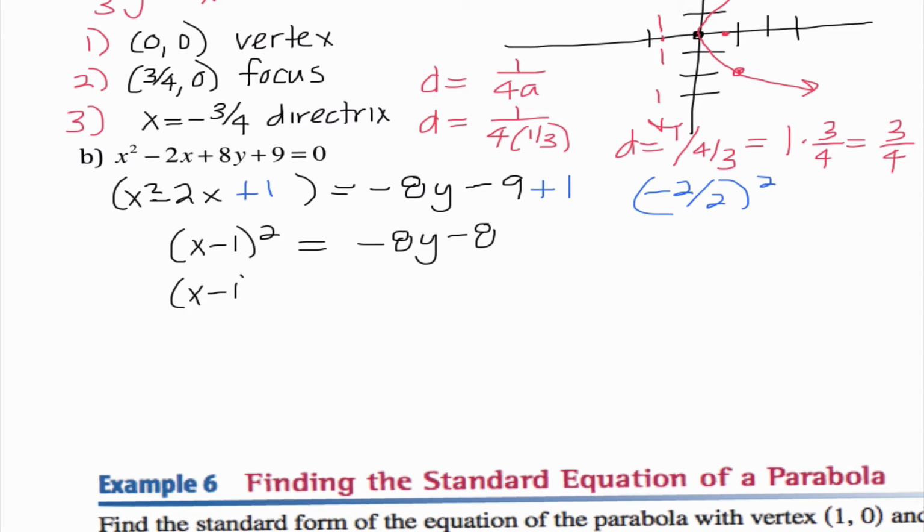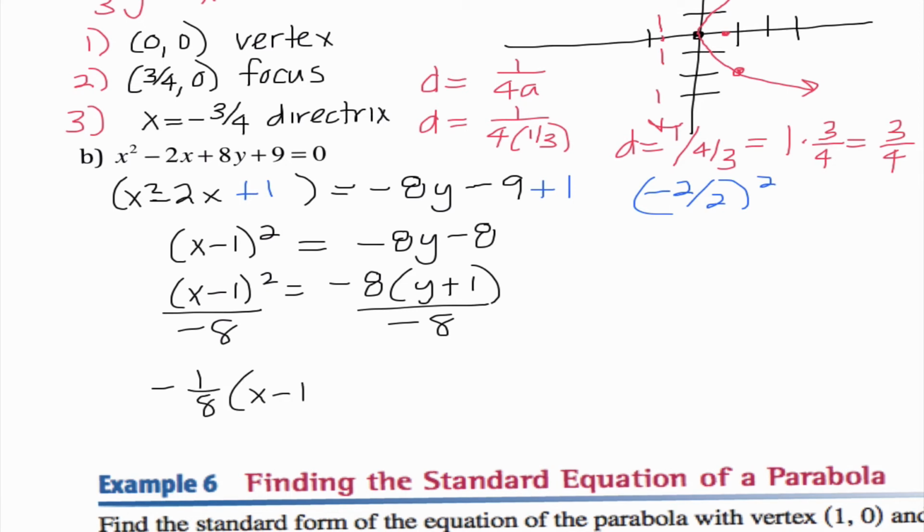Now, to finish this, there's really a few ways we could think about it. I could factor out a negative 8 from both of those terms, and then divide both sides by negative 8. So I get negative 1/8 times x minus 1 squared equals y plus 1. We could have also just divided everything by negative 8 right away and not factored it out, and we would get this same exact equation.